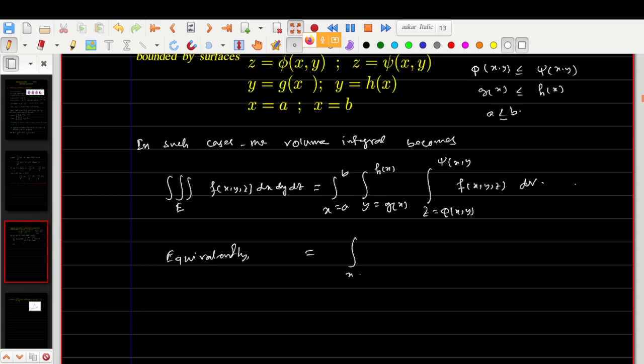That is nothing but x equals a to b, y equals g of x to h of x, z equals phi of x y to psi of x y, that is f of x y z, first integration is with respect to dz, then dy and dx, right?